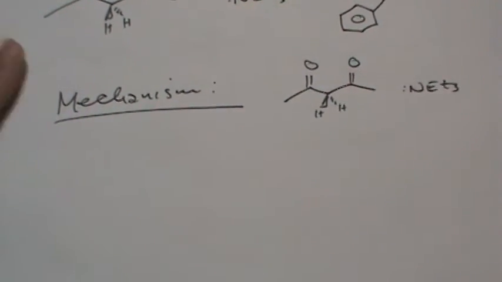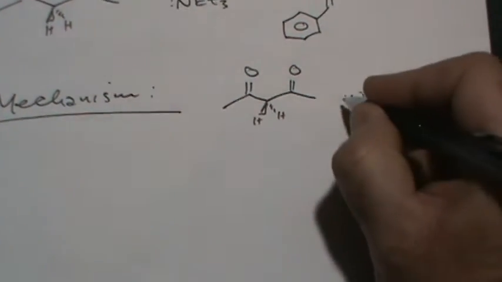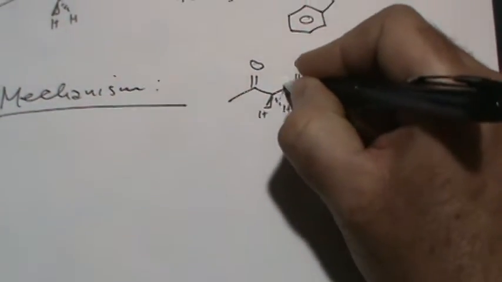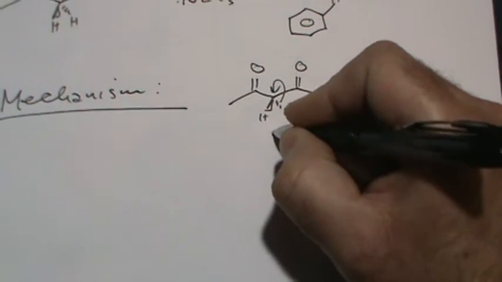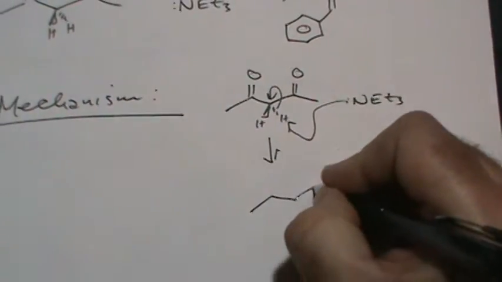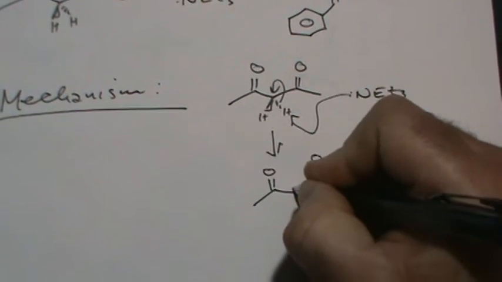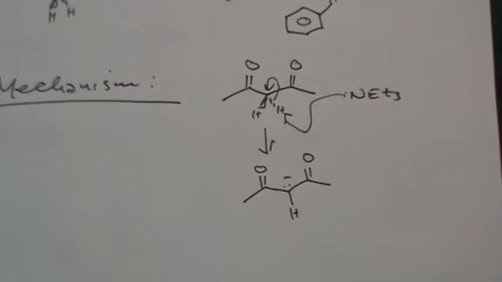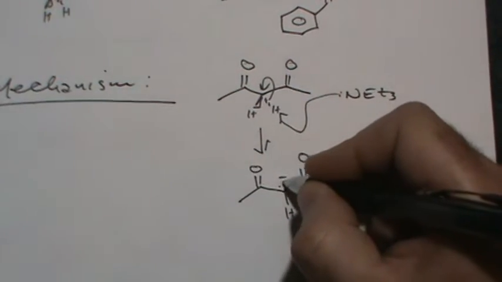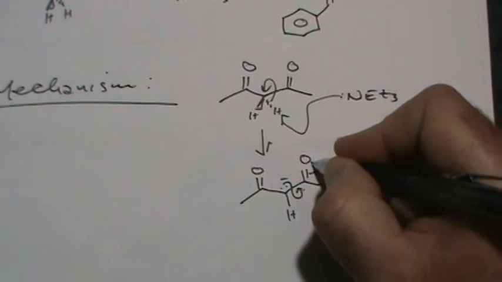Okay, here we go. Let's look at the mechanism. Our triethylamine is going to come in, pull off one of those unusually acidic protons. And we're going to have the corresponding enolate. Now we can draw multiple resonance forms here.